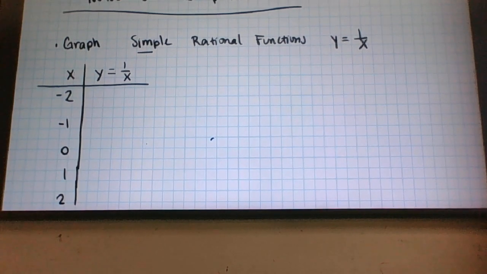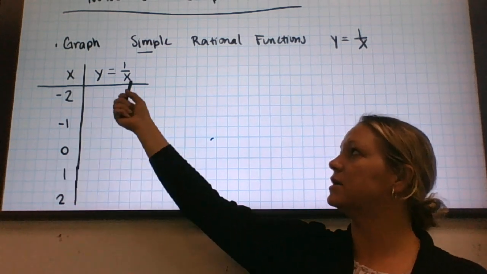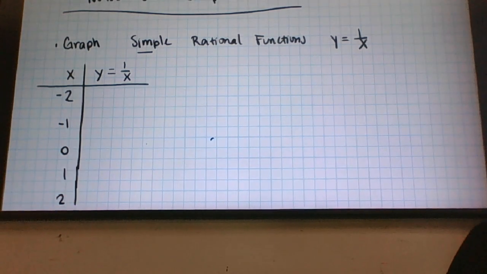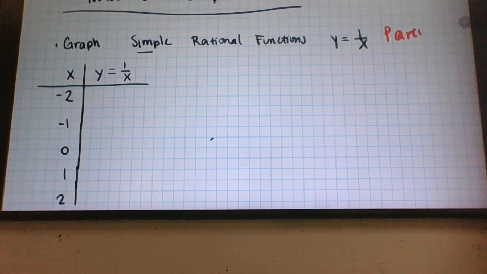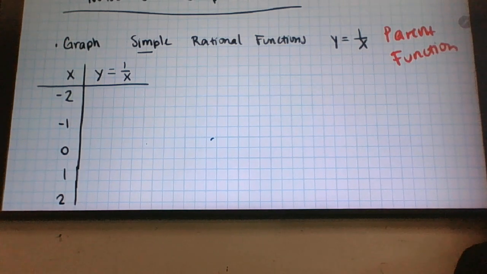So we got a regular plain old table here, -2 through 2. We're going to make this graph. The reason we're graphing this one is it's the parent function. So as usual, we'll graph this and we'll move it left, right, up, and down.